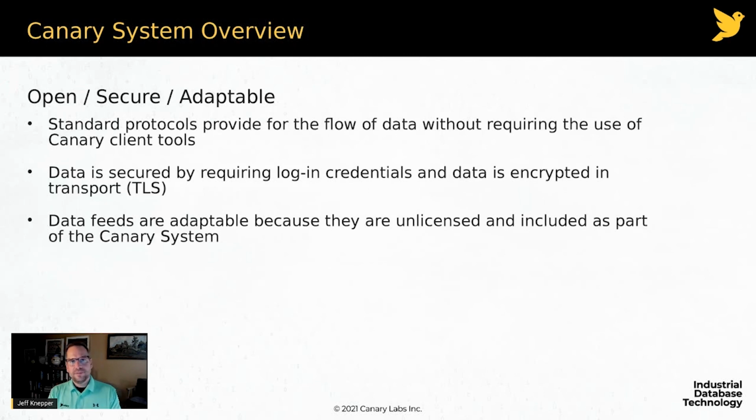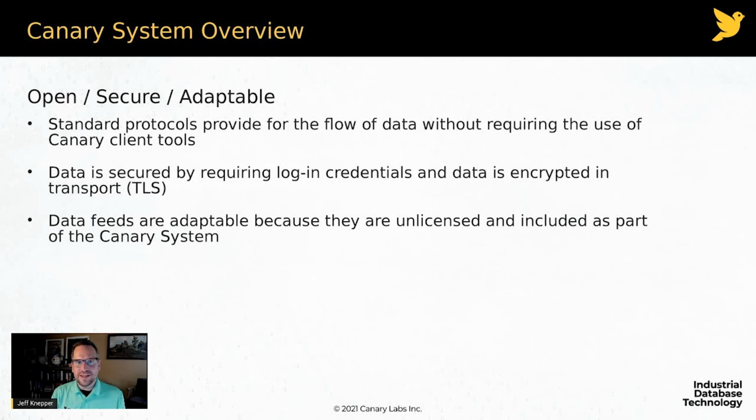How are we open? How are we secure? How are we adaptable? We're open because we're using standard protocols to provide for the flow of data without requiring licensing. So you do not need to license anything to have access to our web APIs. You don't have to license anything to have access to the MQTT or JSON publisher. It's all included as part of our system staying open.